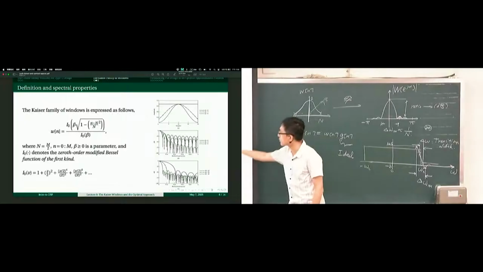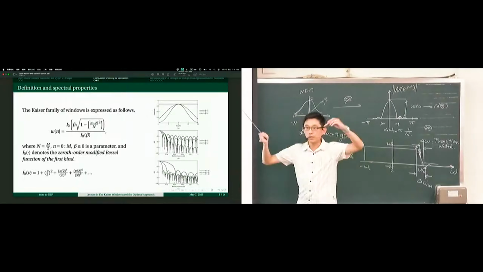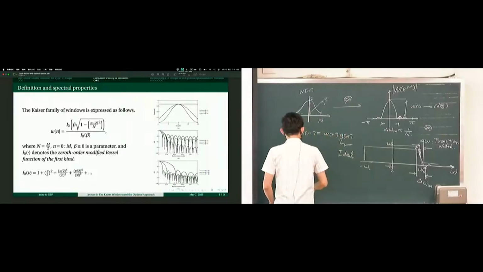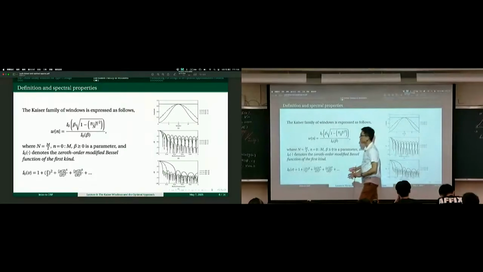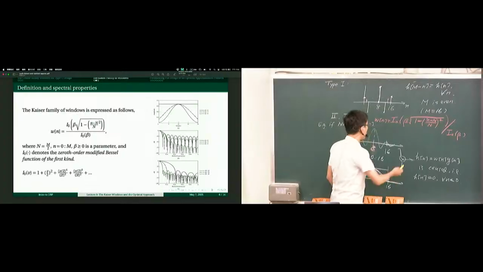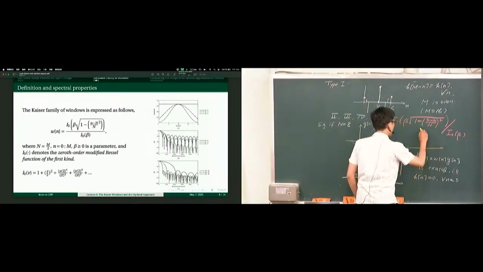So this is the direction of increasing beta. Increasing beta makes the curve look more and more narrow.